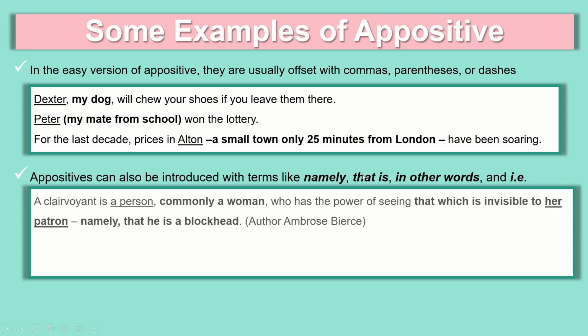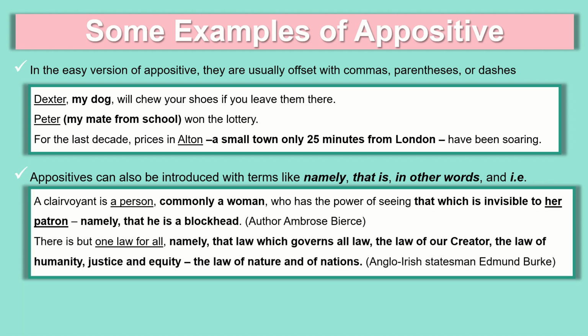Look at the sentence. A clairvoyant is a person, commonly a woman, who has the power of seeing that which is invisible to her patron, namely that he is a blockhead. See, it is introduced with the word namely.